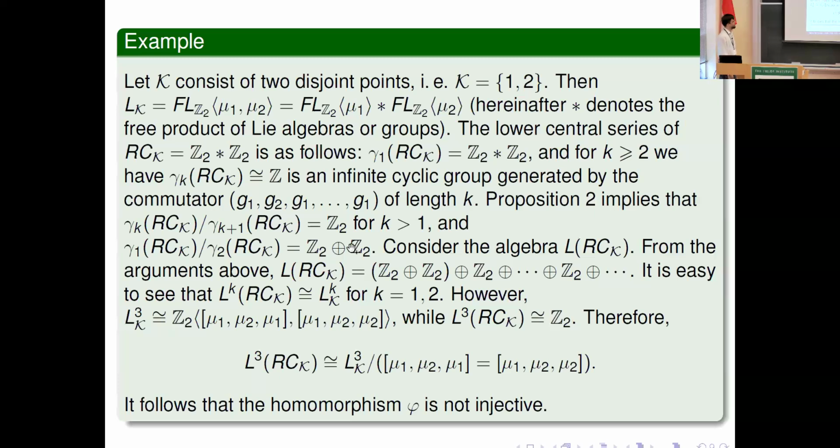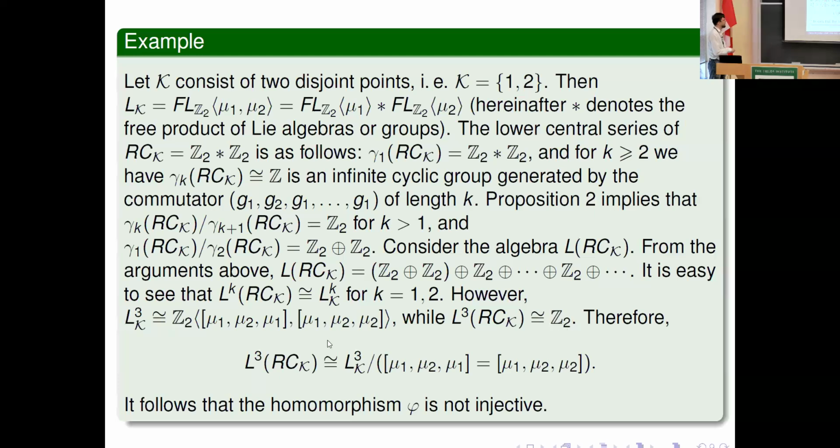Consider the algebra LRCK. From the arguments above, LRCK is like this. It is easy to see that LK is isomorphic to the graph algebra in graded components for k equals 1 and 2. However, for k equals 3, we have this. But the third component of LRCK equals Z2.